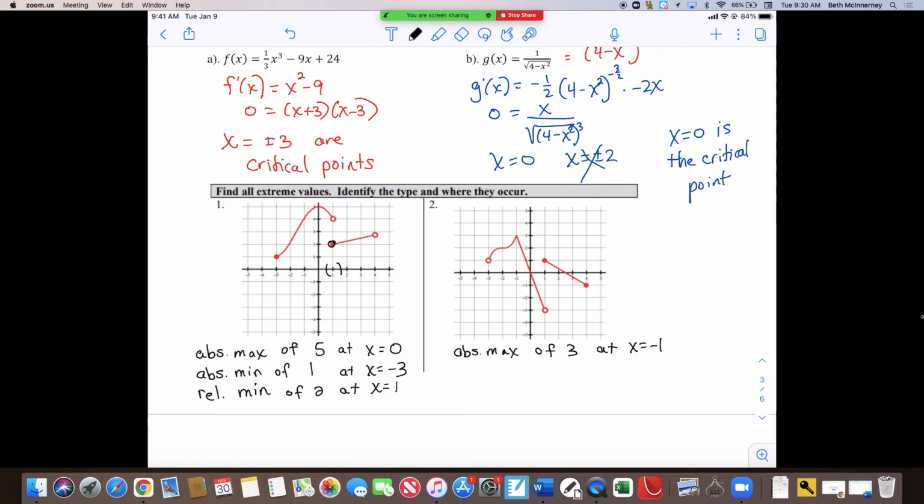Okay, this is tricky. Then do you have a relative min or relative max now? There's a relative max of 1, and it occurs at x is 1, because if you look in that neighborhood, that point to the right and to the left, it is the highest in that neighborhood.